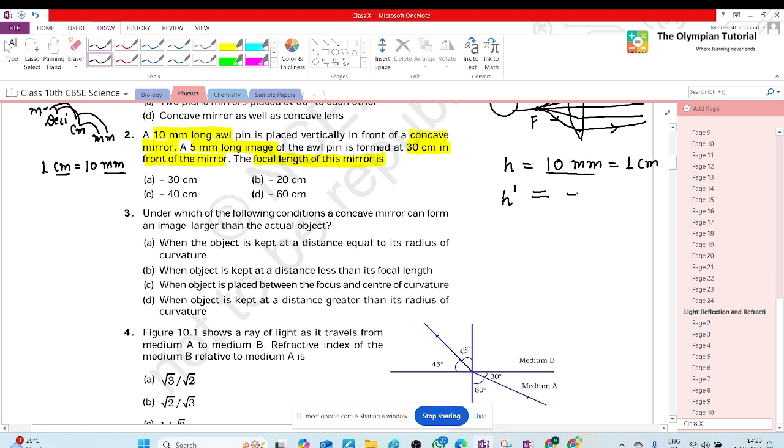So in centimeter it will become... 5 millimeter. Ma'am, what did you just ask? I was not able to hear. Okay. I was asking 5 millimeter into centimeter.